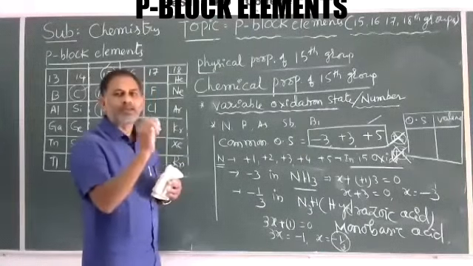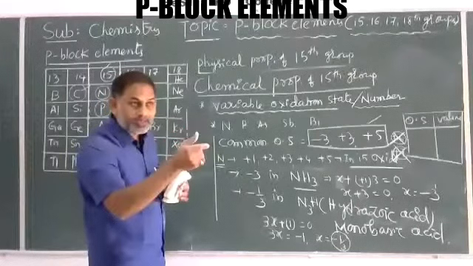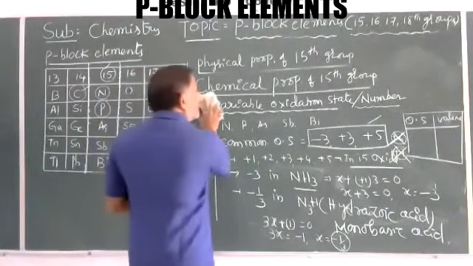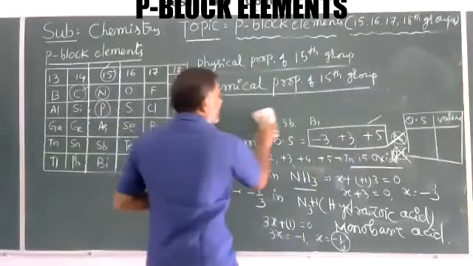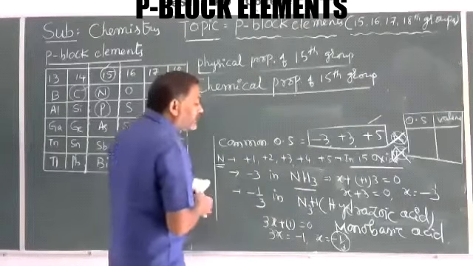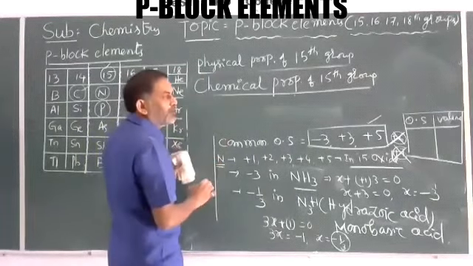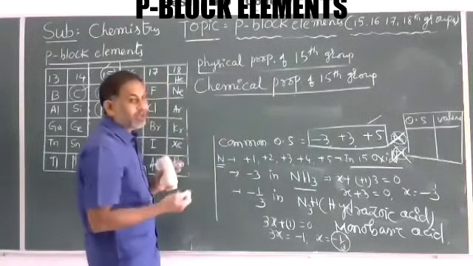In a molecule or in a species, one atom of an element shows both oxidation as well as reduction. Such reactions are called disproportionation reactions. Nitrogen exhibits the disproportionation property, that is converted into +1 to +4 only, not +5.